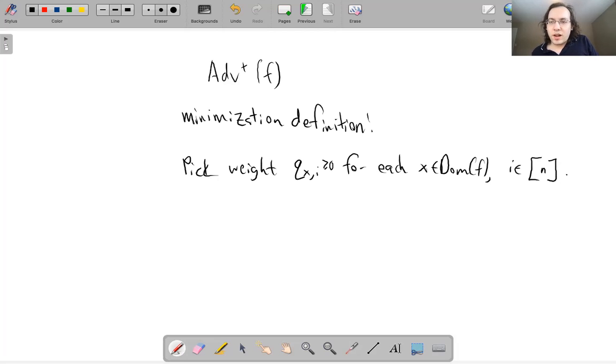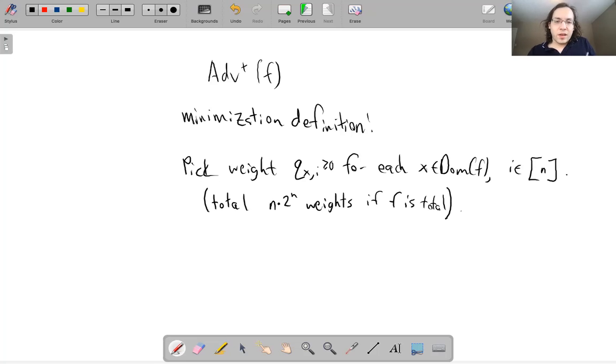So we pick a non-negative weight for each string and each bit of that string. The total number of weights is n times 2^n, if f is total. Otherwise, it's n times the size of the domain of f.